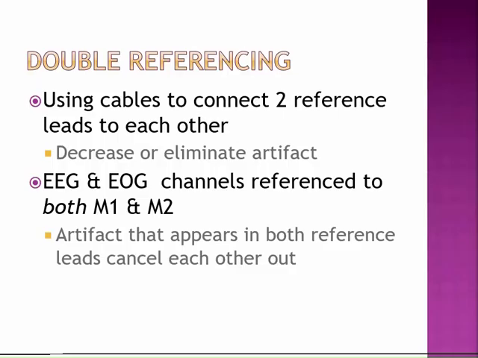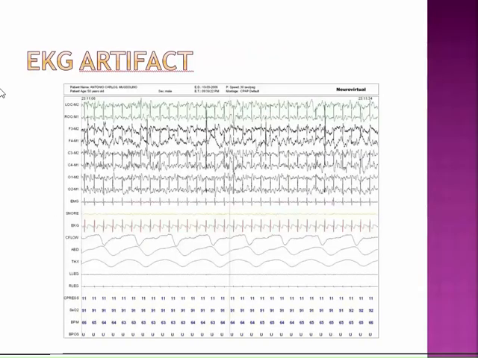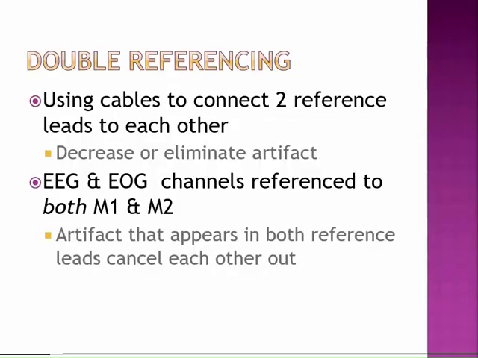I'm going to skip back here so you can see all these electrodes: instead of left eye to M2, right eye to M1, you would see left eye to the average of M1 and M2, right eye to the average of M1 and M2. They're averaged together, and that will really clear up a lot of the EKG artifact.